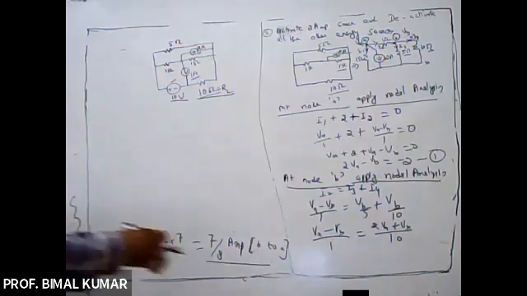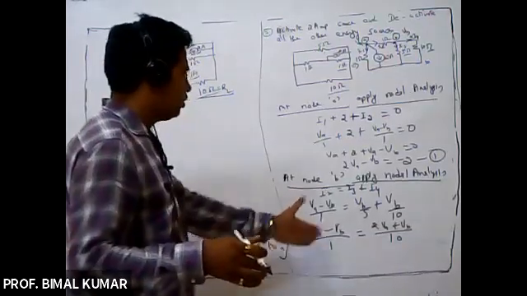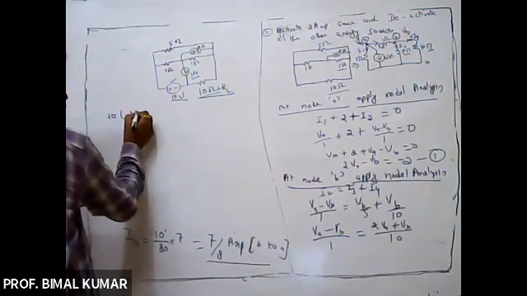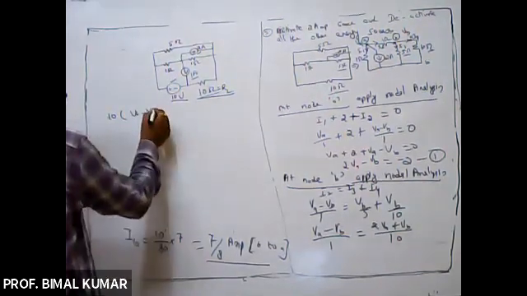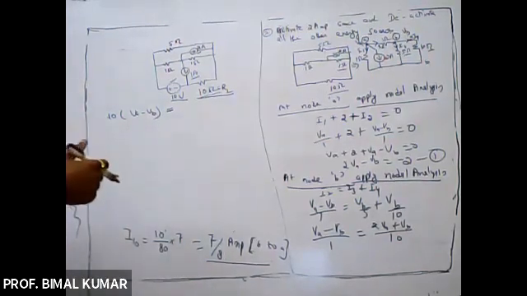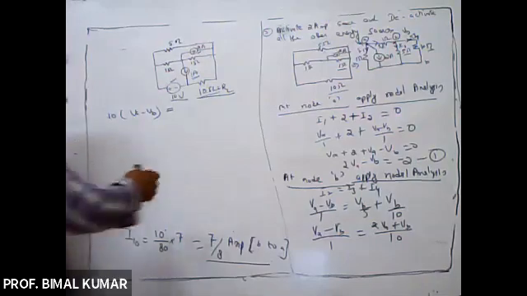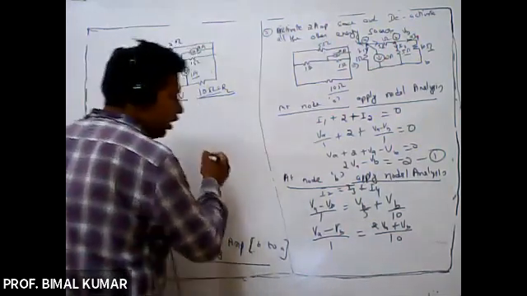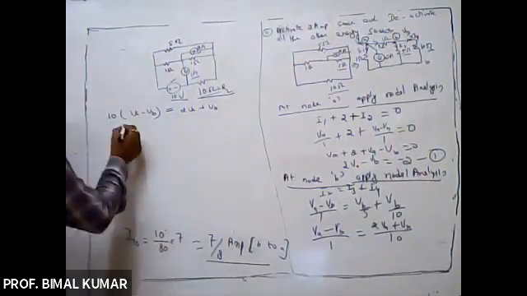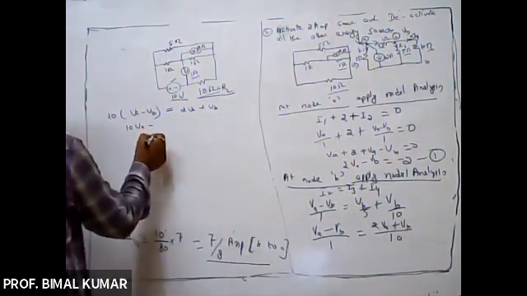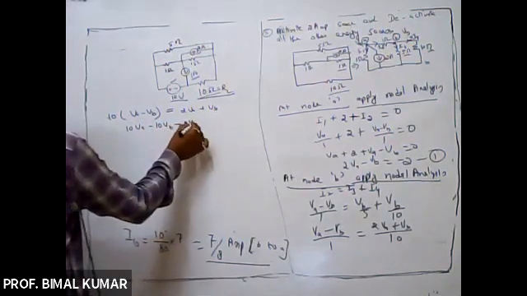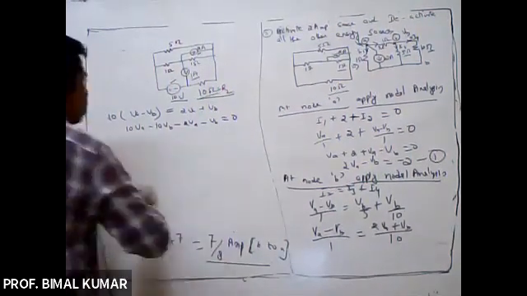Now you may solve this, cross multiply it. You will get 10 into VA minus VB is equal to 2 VB plus VB. So this will be 10 VA minus 10 VB minus 2 VB minus VB is equal to 0.